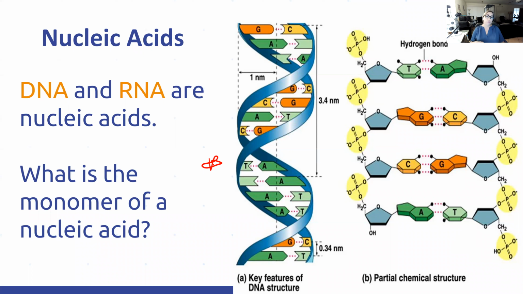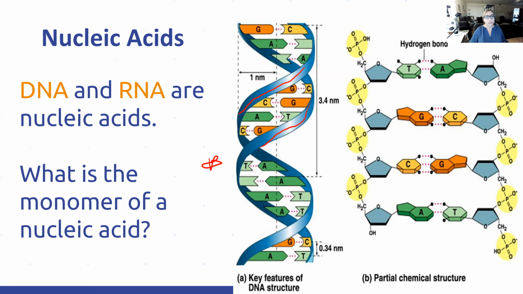Now, this is the form that DNA takes. When I say double helix, what I'm talking about is that there are two strands of DNA and they form this spiral or helix structure. So if you look at the picture here, this would be a strand of DNA and this is the other strand.